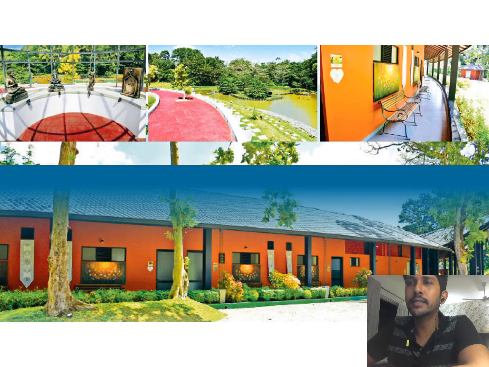You can see these are the images of this building, and the rooms are like hotel resort rooms with attached bathrooms, with special adaptations for disabled people. This is now being run as one of the wards of the hospital, staffed by nurses and doctors.